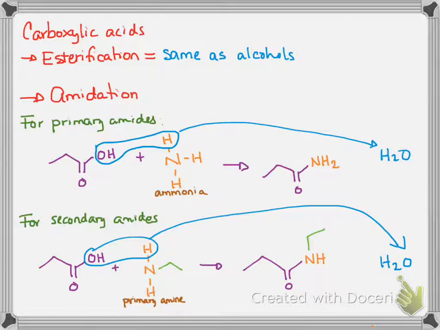For carboxylic acids, we have three different types of reaction. Esterification is the same esterification we saw with alcohols. And remember that it is an alcohol that combines with an acid to form an ester. It doesn't matter which compound you use first. The acid plus the alcohol, or the alcohol plus the acid, it is exactly the same.